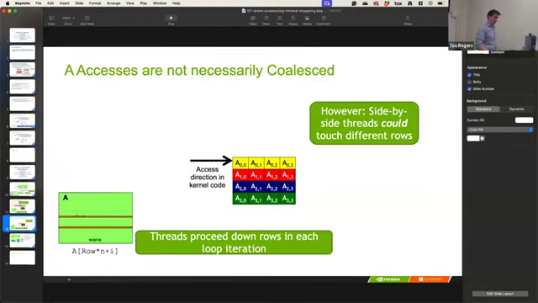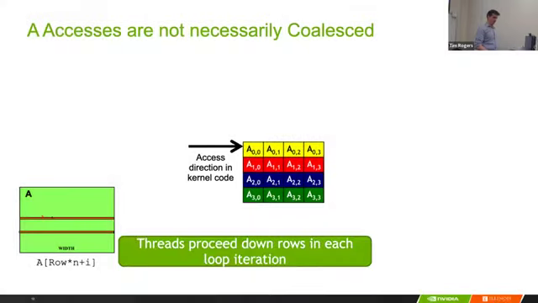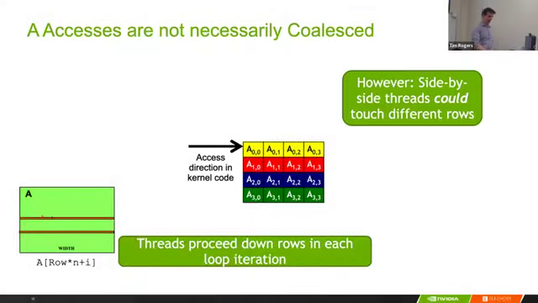And in contrast, the other way is kind of terrible, right? So what happens here is one thread is going to access first A, and then the next one is going to access the next one and the next one, and you're going to be separated by the whole width of the matrix.